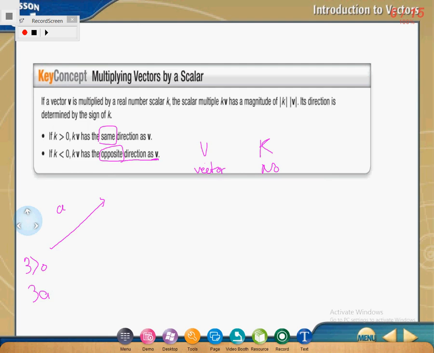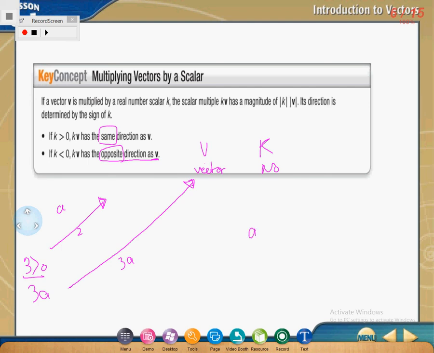If the magnitude of A is 2, the new vector will have 3 times 2, 6. So the magnitude of it will be 6. This is 3A. Do you notice that we have the same direction here, up and up, because k is positive? Is it clear?